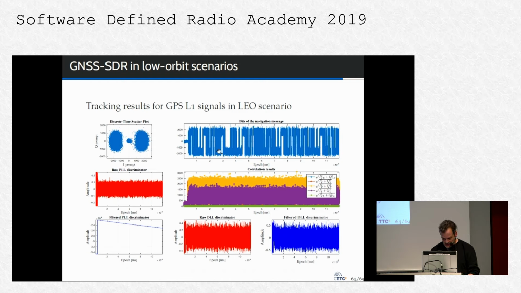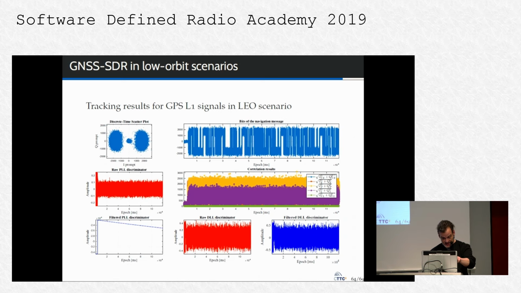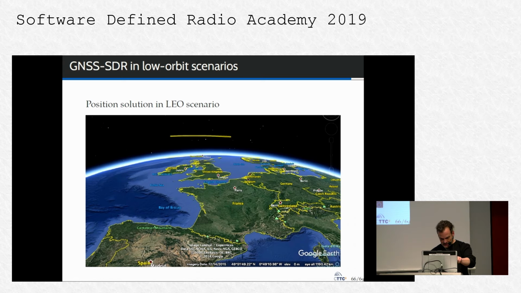Here you have the recovered bits. These are results for GPS L1. These are results for Galileo E1. And here you have the results we got from 5 minutes of signals captured in space. So it actually works.